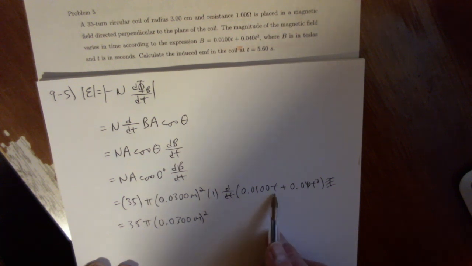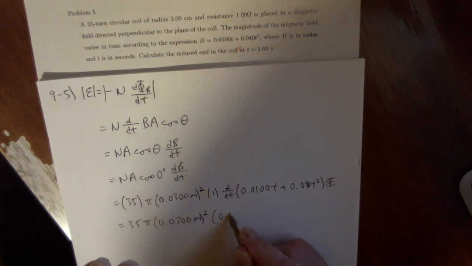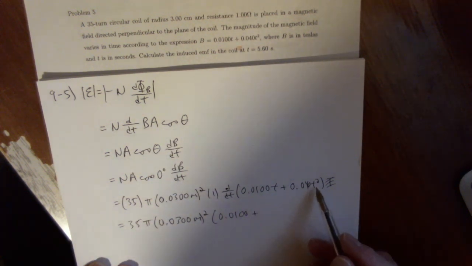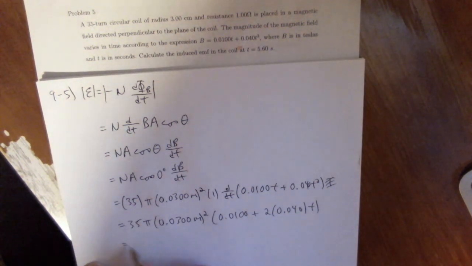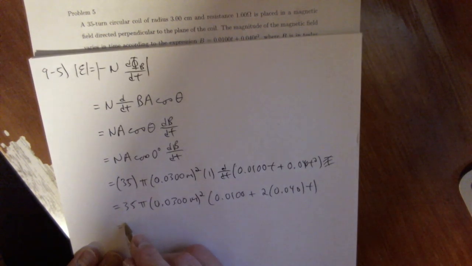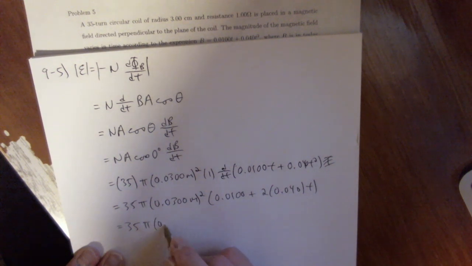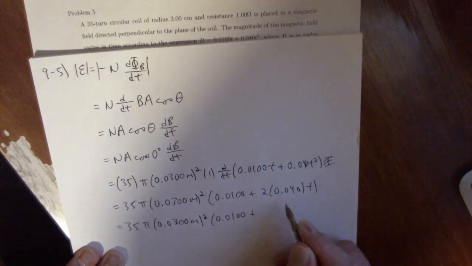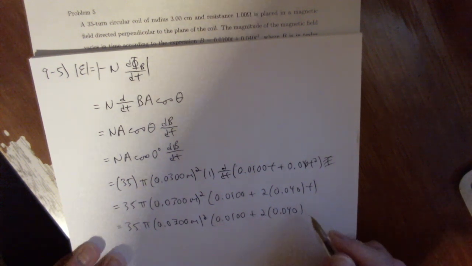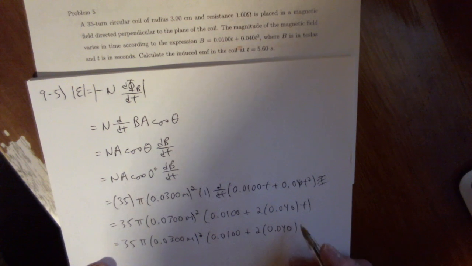Well, d dt of t is just 1, so I get 0.01 plus d dt of t squared is 2t, so I get 2 times 0.04 t. And so I get 35 pi 0.0300 meters squared times 0.0100 plus 2 times 0.04 times t, which is given as 5.6 seconds.